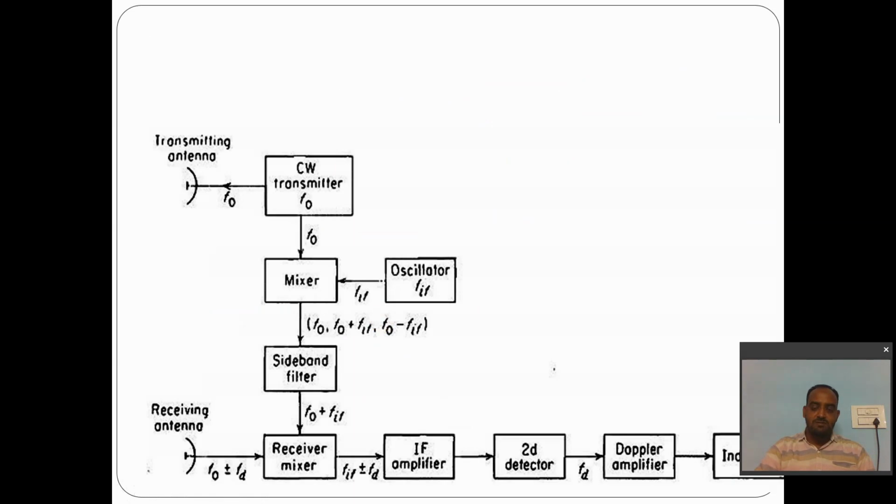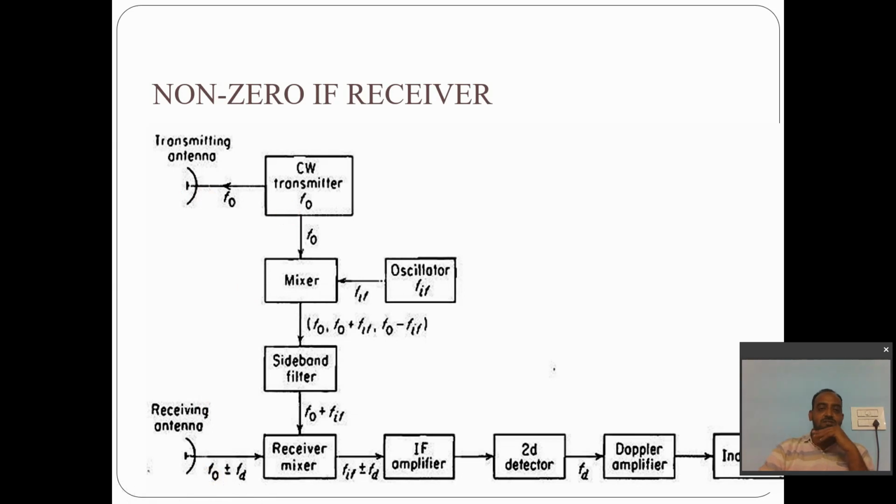To overcome such issues, we use a system called the non-zero IF receiver. In this non-zero IF receiver, you can observe two separate antennas, one for transmitting and another for receiving. The transmitting antenna is fed with large power at frequency F0.